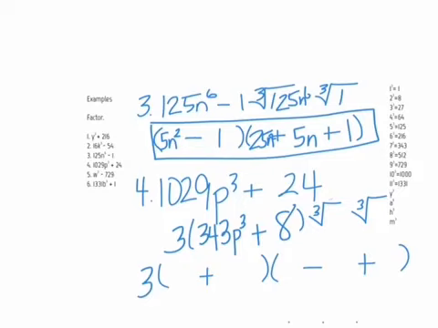Then I'm going to take the cube root of 343 p to the third, which will be 7p. Then I'm going to take the cube root of 8, which would be 2. Then to go in this first spot of the trinomial, 7p squared is 49p squared. And then the last spot of the trinomial is 2 squared, which is 4. And in the middle, I multiply 7p and 2. And that would be 14p.